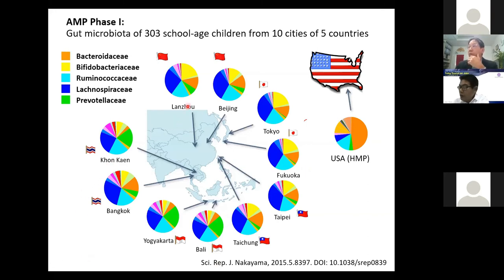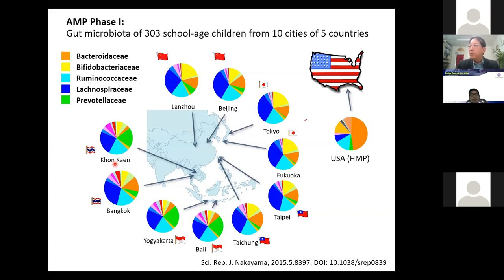Children living in East Asia are also highly colonized by orange, that is Bacteroides. But instead, Southeast Asian children, including the Indonesian children, are highly colonized by the green bacteria, that is Prevotella.